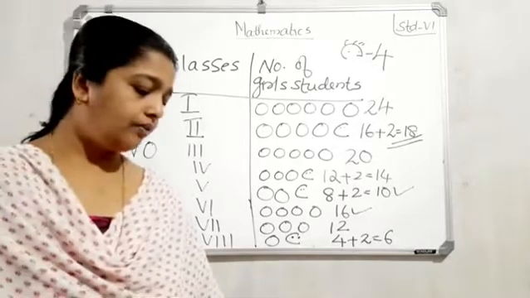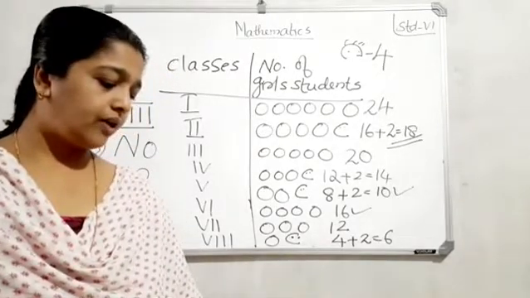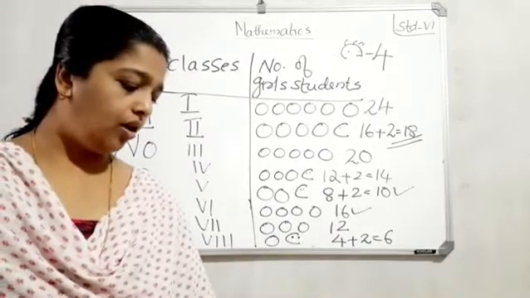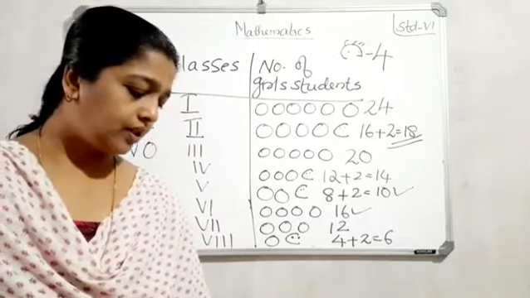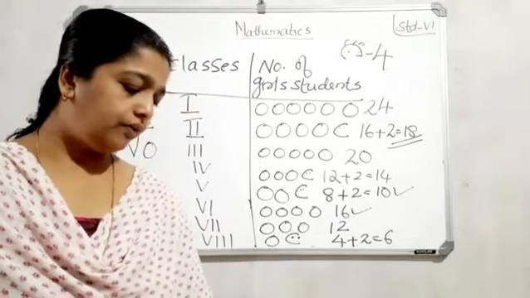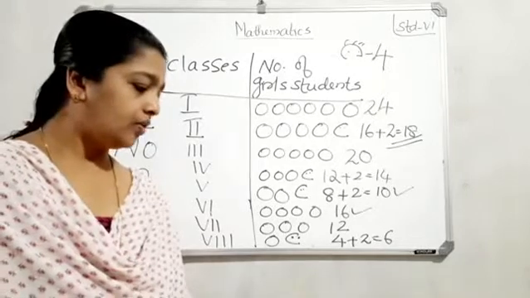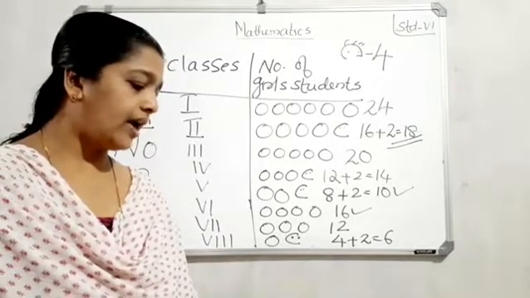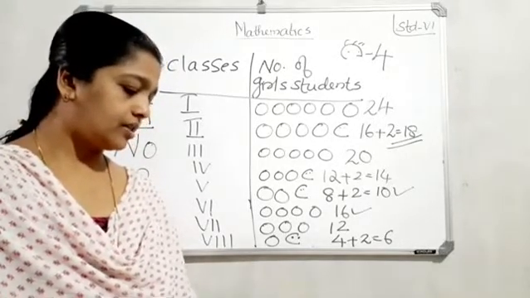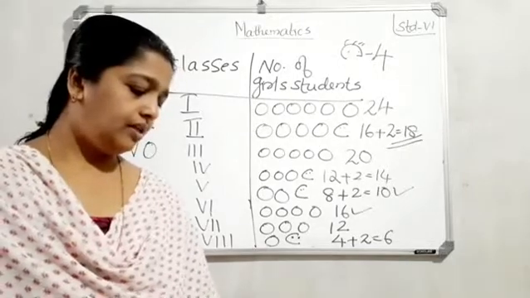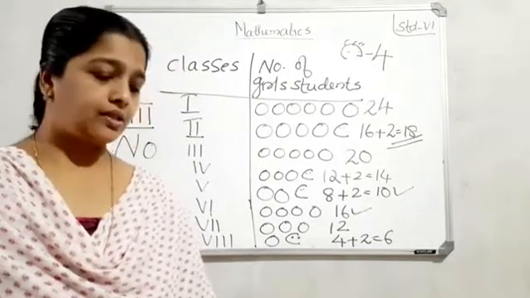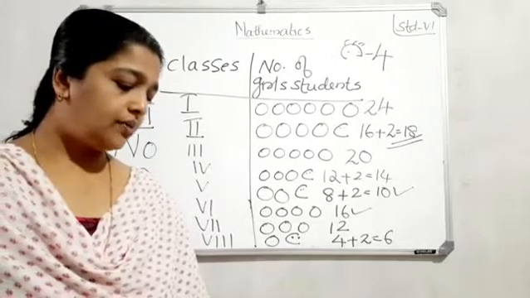Next question. The sale of electric bulbs on different days in a week is shown below. Very simple question this one. Here all are full features, isn't it? Then observe the pictograph and answer the following questions. First listen, simple question, you can say the answer. Sale of electric bulbs on different days.